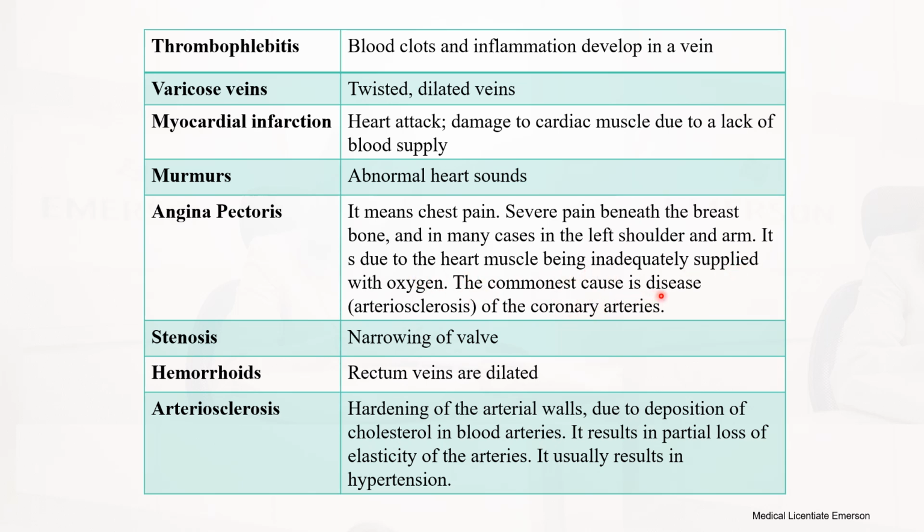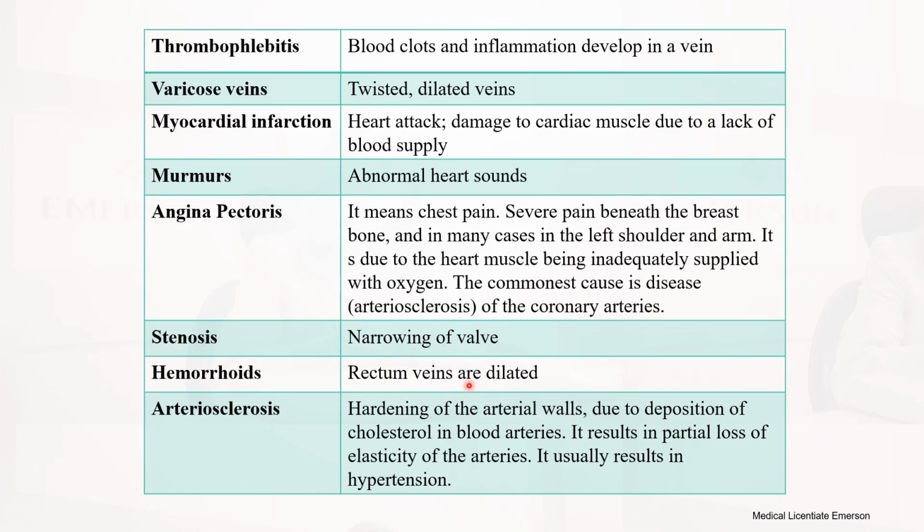The commonest cause of this disease is, of course, arteriosclerosis of the coronary arteries. Then you can have stenosis, where there's narrowing of the valve. You can have hemorrhoids, where the rectal veins are dilated.